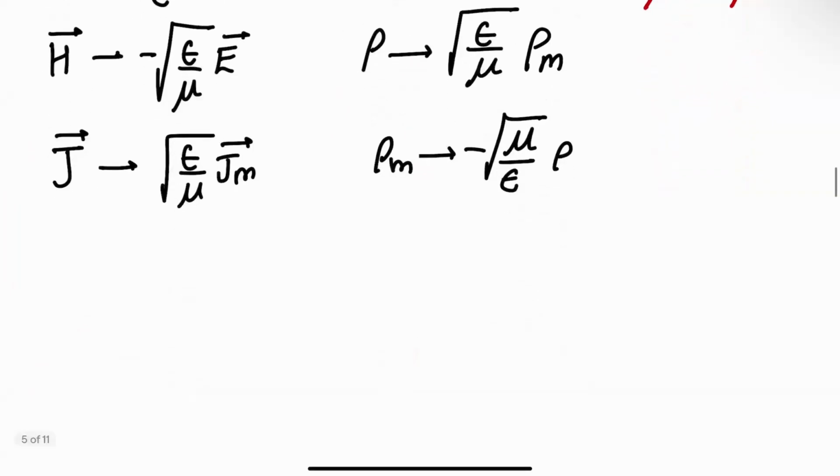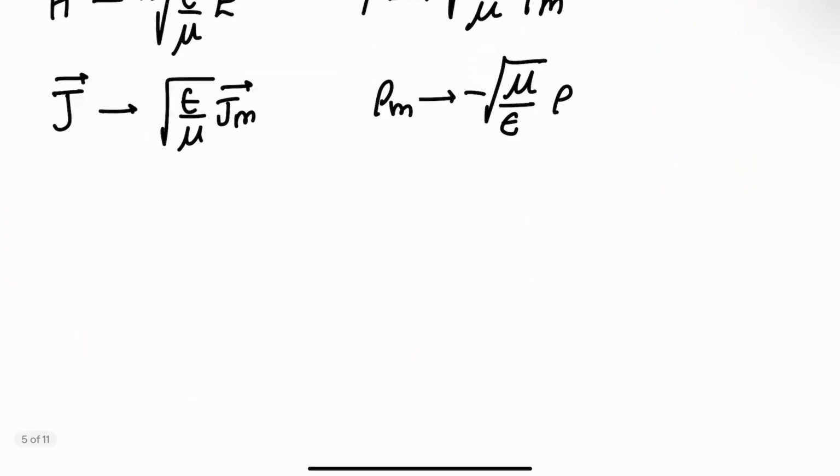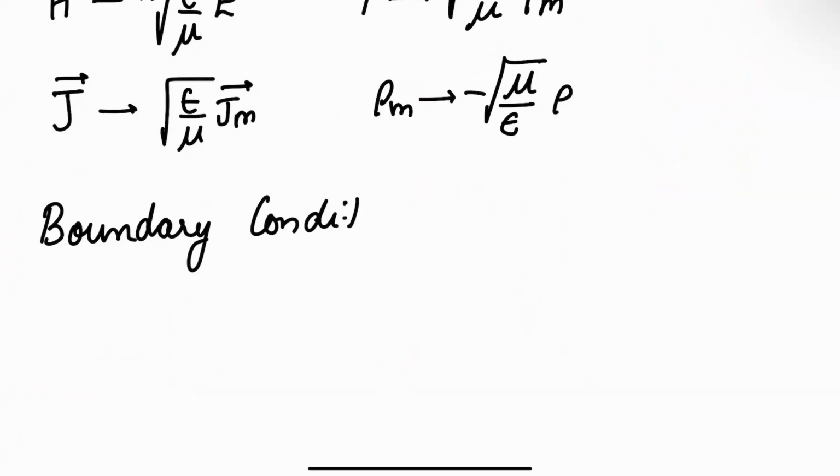We can take a quick example to see how we can use something like this. That takes us to our next topic, which is to revisit the boundary conditions for this new set of Maxwell's equations.